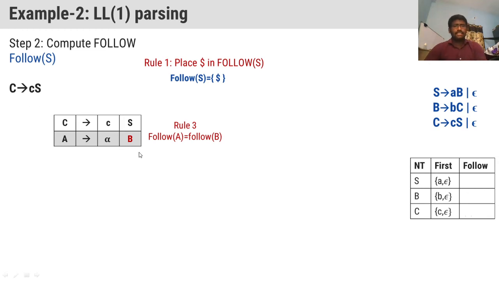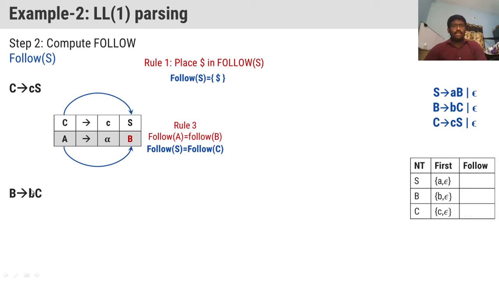C implies CS. Follow of capital B is equal to follow of A, and follow of capital S is equal to follow of capital C. So later we will write this, we will add it to the S production.